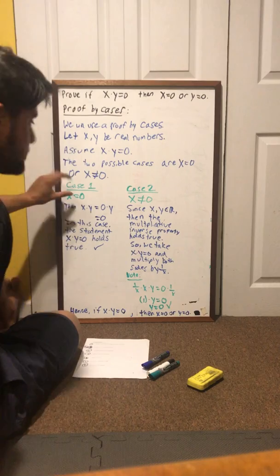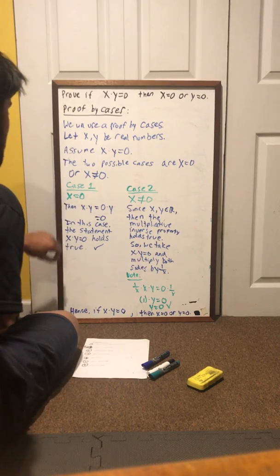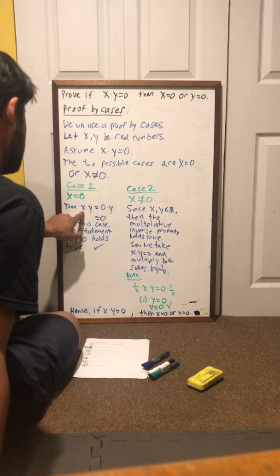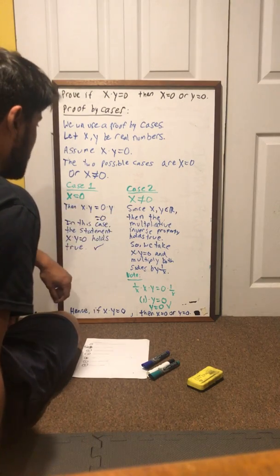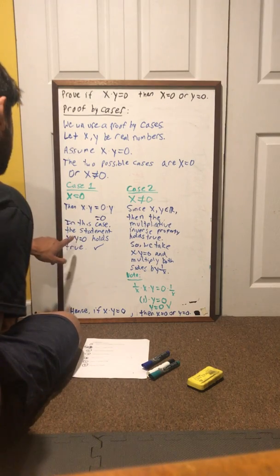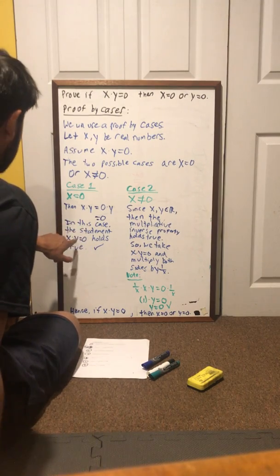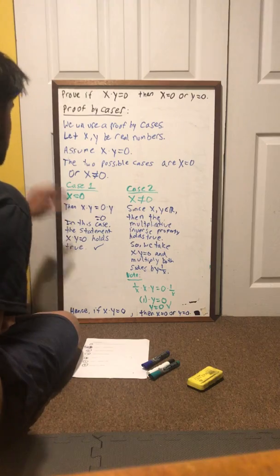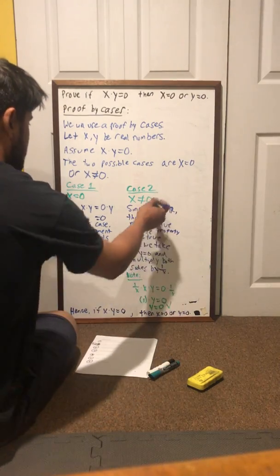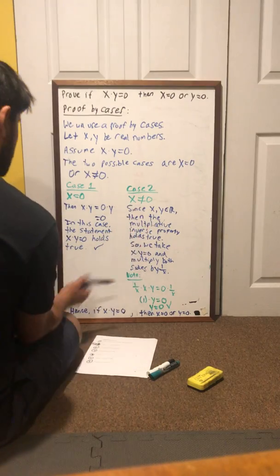Filling in case 1, x equals 0. Then x times y equals, substituting in the x, 0 times y equals 0. In this case, the statement x times y equals 0 holds true. Give that case a check. That works.